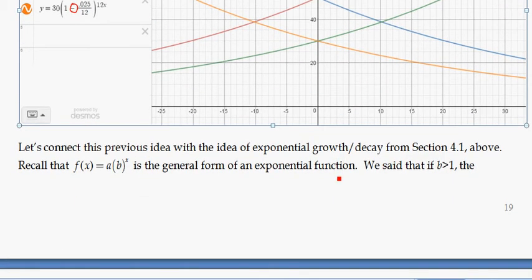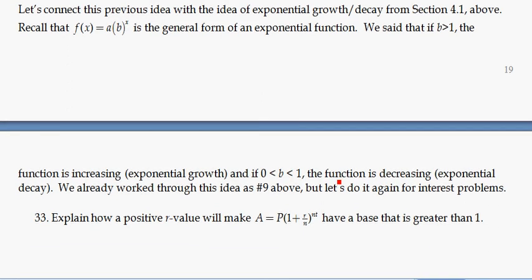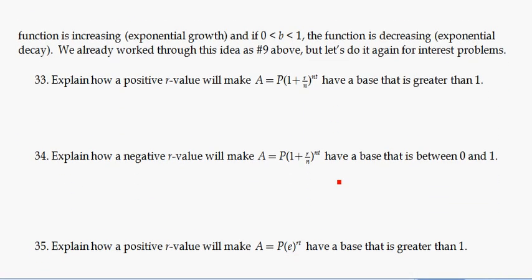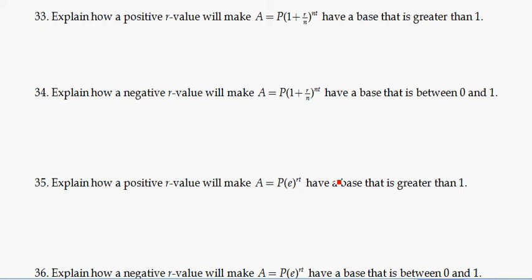Okay, but let's connect all these ideas to what we were talking about in an earlier video. So we've already talked about what kinds of r values. So again, this was number 9 above, but let's do it again in terms of interest problems. So if we have a positive r value, right? So we're looking at this interest value. We've got this r value right here.